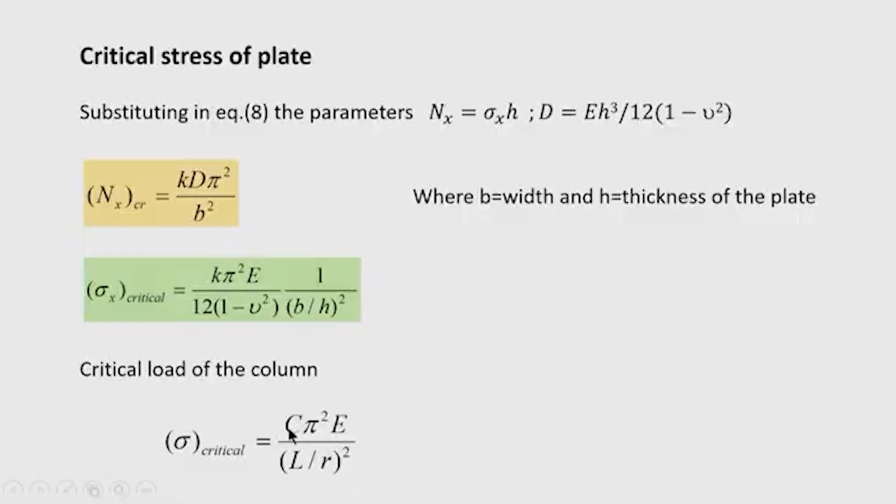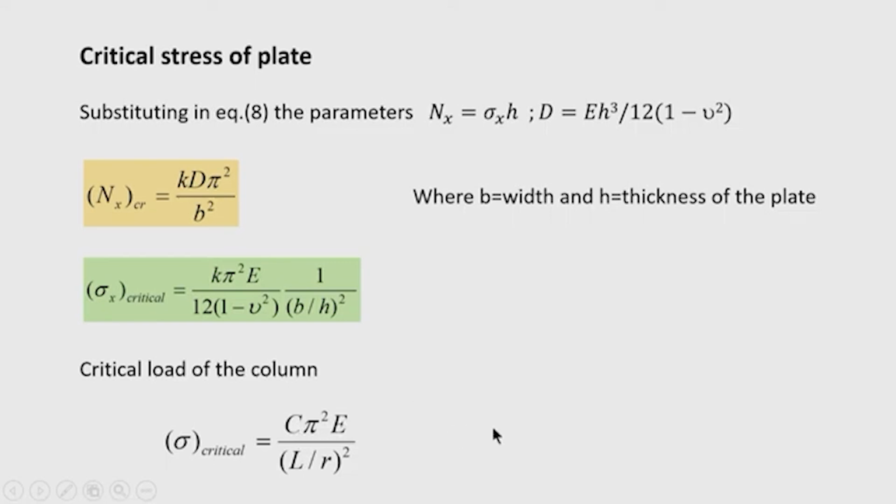Similarly, in the column which has the pinned end, the buckling load is the standard Euler load pi square E I by L square, and in the critical stress parameter it can be written as C pi square E by (L by R) square, where C is actually the constant term. This constant term is dependent on the boundary condition. For other boundary conditions, say fixed boundary, this will be different.